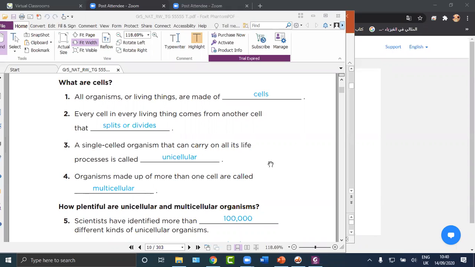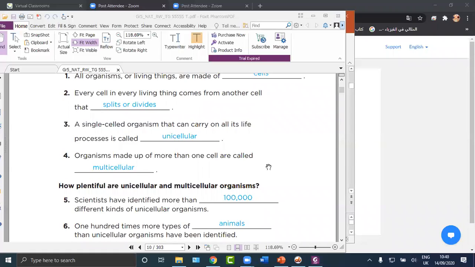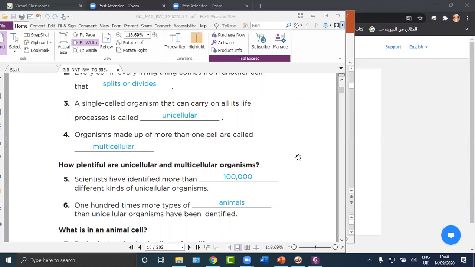Welcome. Number seven. All cells are surrounded by a wrapper, the cell membrane.